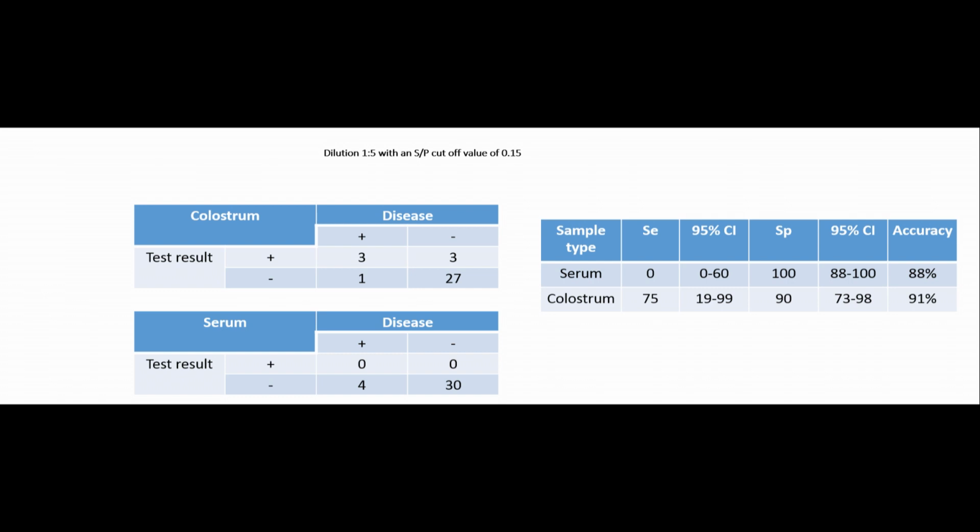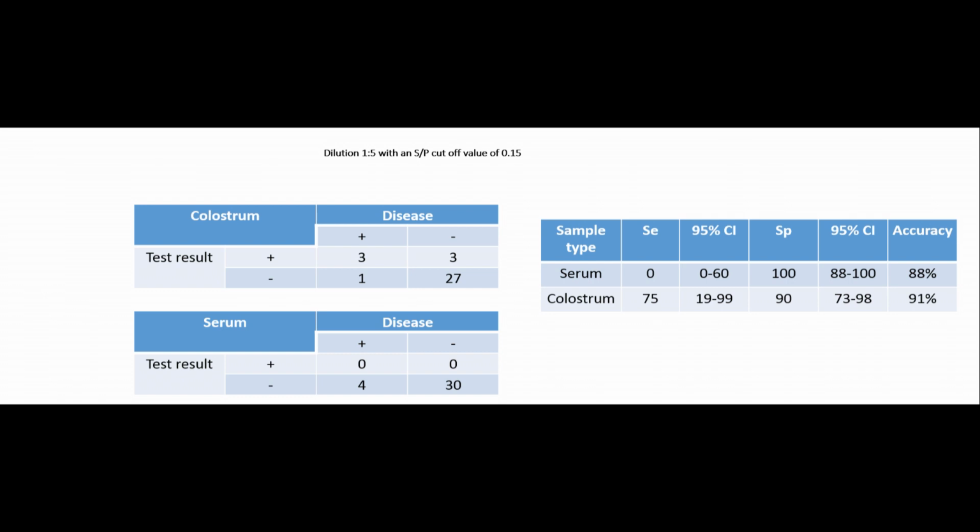Let's just collate that data and see what that means in terms of sensitivity. This is a small amount of data, so be very careful here. If you look at the confidence intervals, they're very, very wide. So we're looking at a trend here, so be very careful about the evidence that this provides. But if we look at colostrum, we get a sensitivity of 75%. If we look at serum, we get 0.